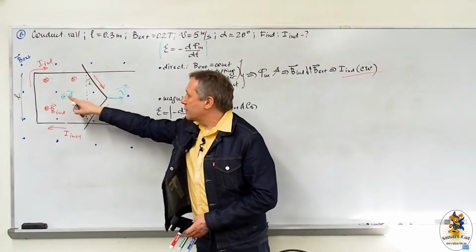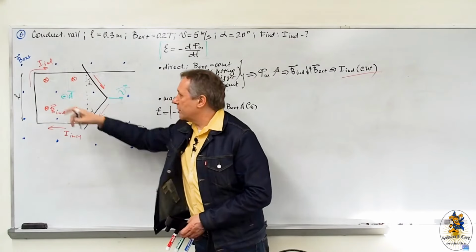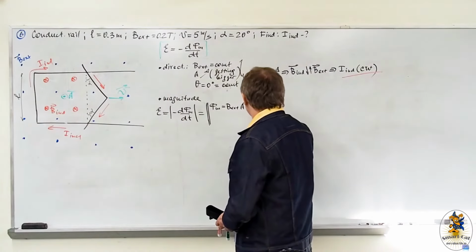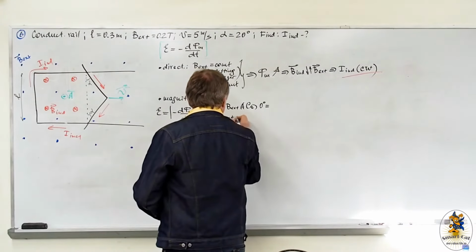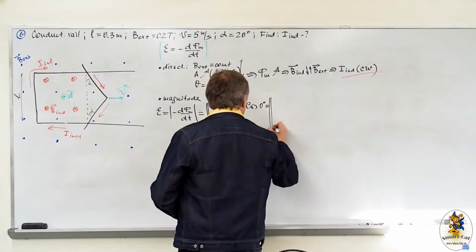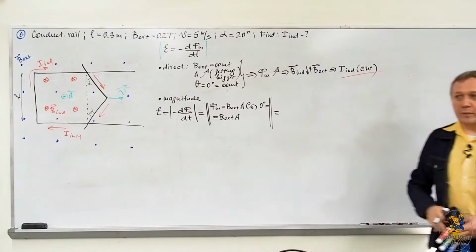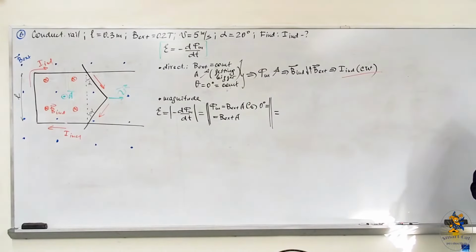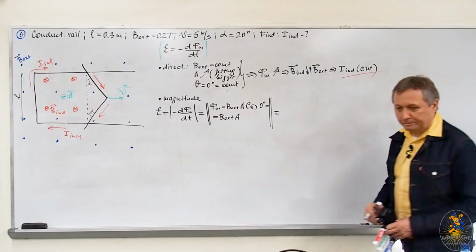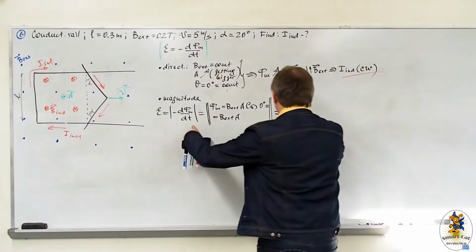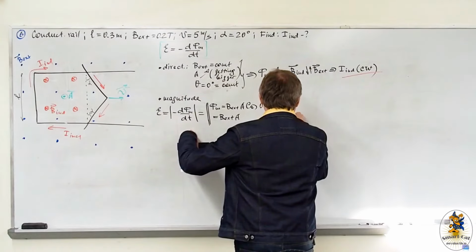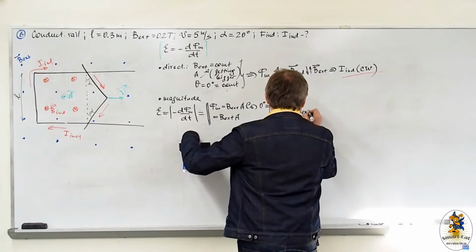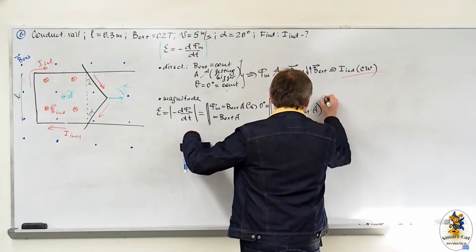So the angle between B external and A is 0 degrees, and it is equal to B external times area. As a result, we'll have, dropping the minus, d over dt of B external times A.